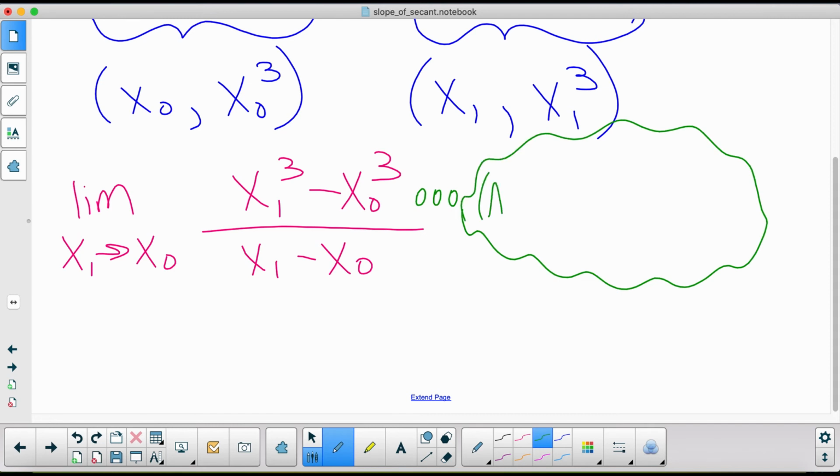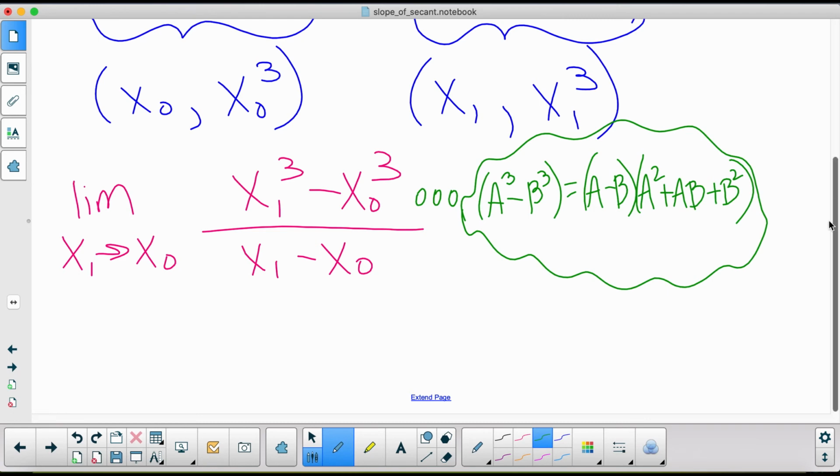So when you have a cubed minus b cubed, that breaks into a minus b times a squared plus ab plus b squared. So that is what we're going to need to plug into our numerator.